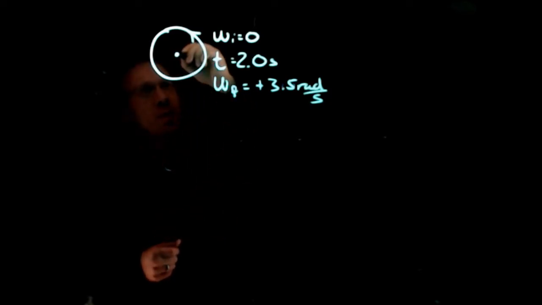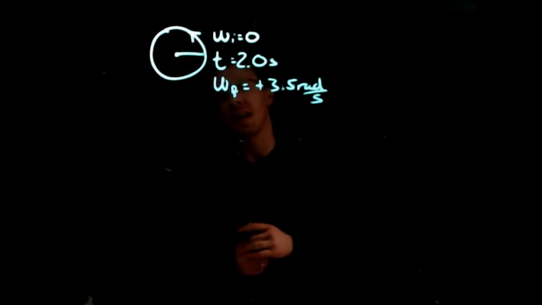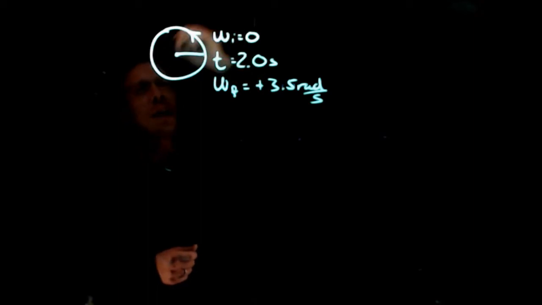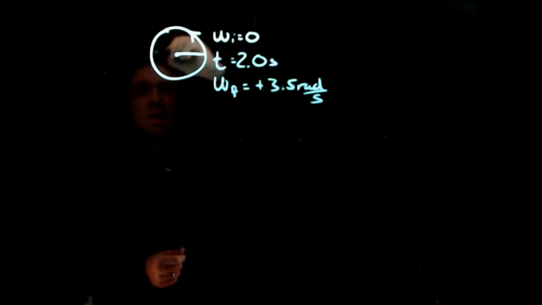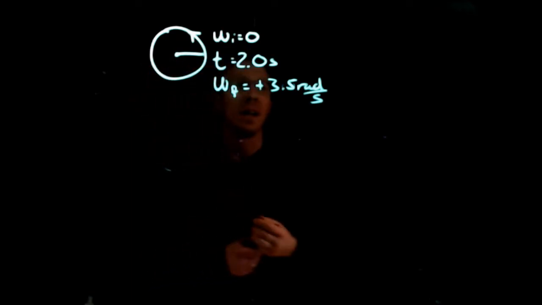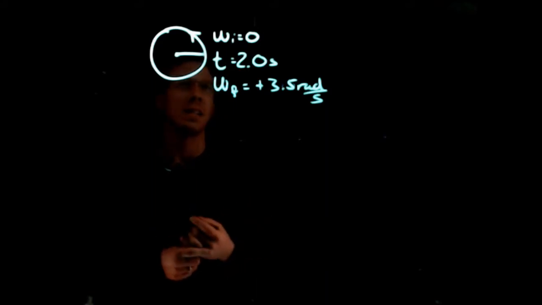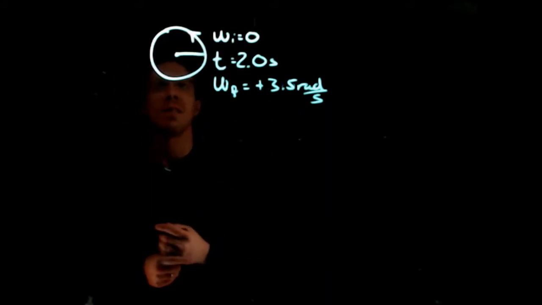And so if I were to draw a line on here, after 2 seconds, this disk would be spinning 3.5 radians per second, which is almost half a rotation, because remember that half a rotation is 3.14 or pi radians. And so we know that it's about half a rotation every second.